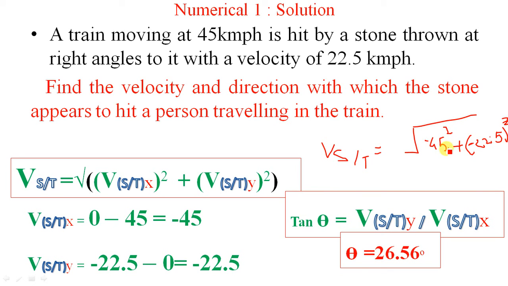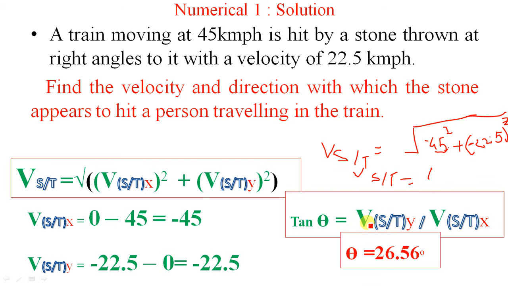By solving this, you will get the value of the velocity of the stone with respect to the train or the person. Solving this, you will get your answer.